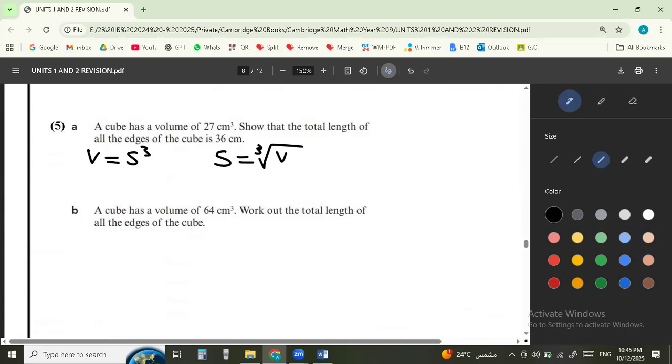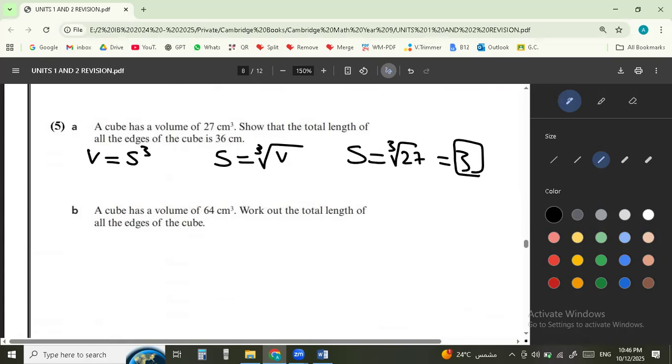Okay, the volume is 27. But the length of one side is cube root of 27, which is 3. That's the length of one side. But a side is the same as the edge. They are saying to you all the edges of the cube show that they are 36. How many edges does the cube have? You must remember this.